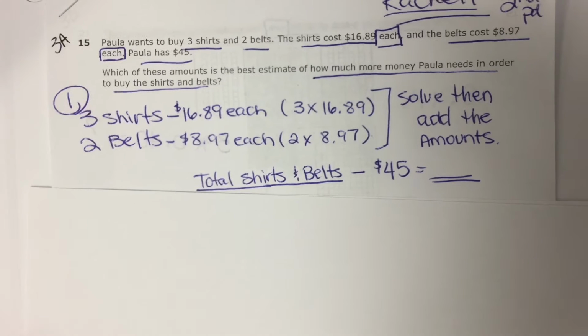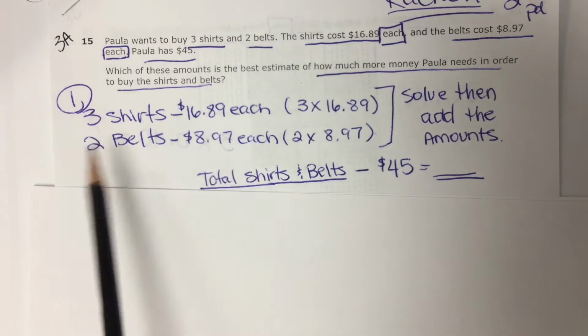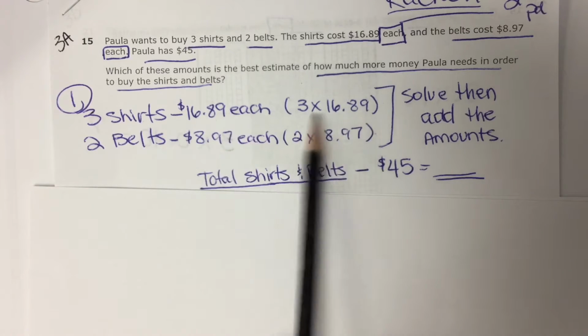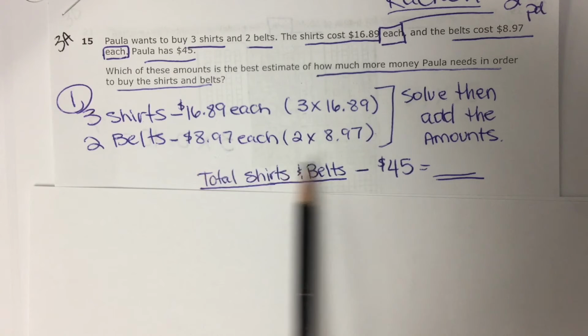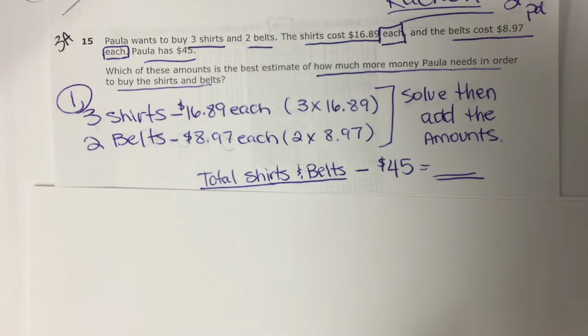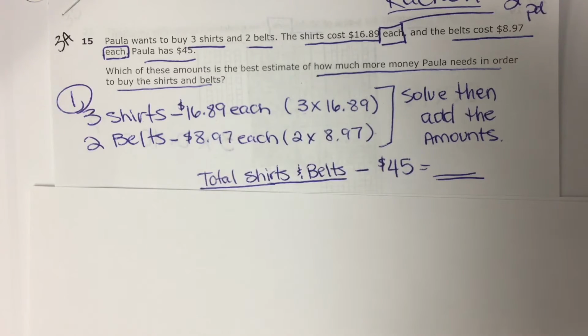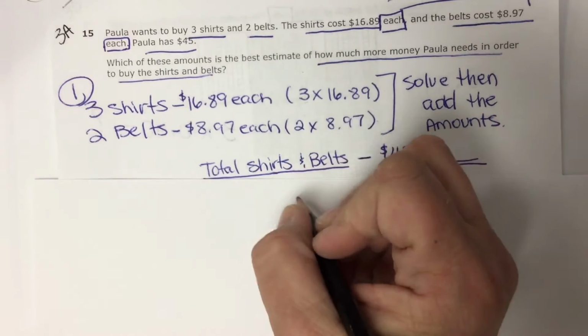Okay, so what we did is I worked it out with you yesterday. On the video, 3 shirts for $16.89 each, so you're going to do 3 times $16.89. 2 belts for $8.97 each, so that's 2 times $8.97. You're going to solve it, and then total shirts and belts and subtract from 45. But before you solve it, you have to estimate. So what would you estimate 16 and 89 hundredths to be?